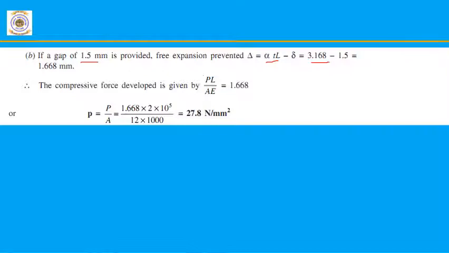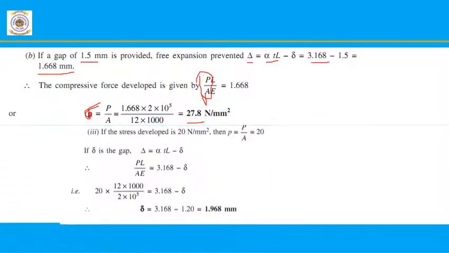After simplifying, we got 1.668 millimeter. Delta is PL divided by AE, so with 1.668, and P by A being the stress sigma, we get 1.668 into Young's modulus 2 into 10 power 5 divided by length 12 into 1000. So we got the temperature stress of 27.8 Newton per millimeter square.